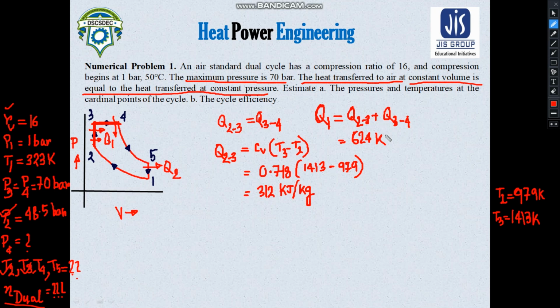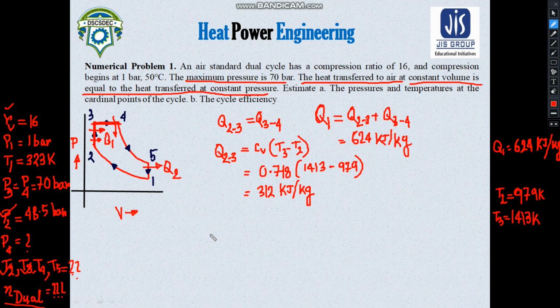Okay, so I will leave this data here because it will be required when we move on to the calculation of efficiency. Let me rewrite this so that we can use it when required: Q1 is 624 kilojoule per kg. I think you have found out how I have calculated the heat addition.